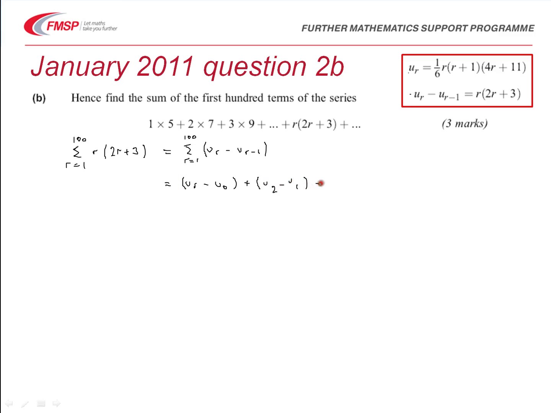And then when R is 3, it's U3 minus U2. And so on, all the way to the last term, which is going to be U100 minus U99.